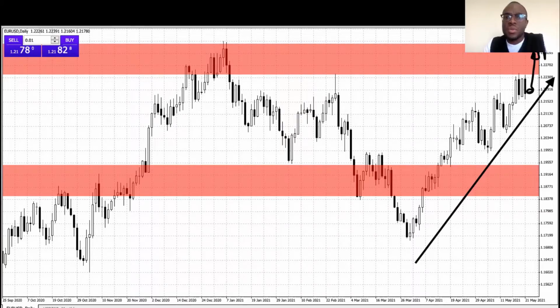And also the weekly structure that we have seen, where the price again formed a higher low. So this is the reason why we're saying this has a higher probability of moving to the upside. Now when it comes to the bearish positions, what I want in a bearish position is for the price to close maybe below 1.21523, then pull back to close below 1.22309.